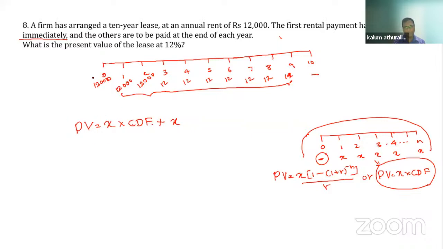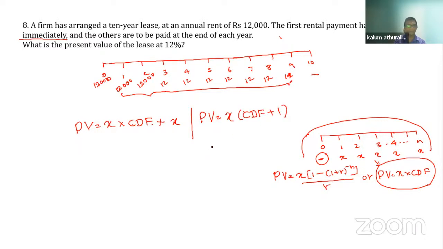Then the present value of the payment at 0 is also 12,000. The present value of this amount is the same. Then you can get the formula like this: x times the CDF, add 1.